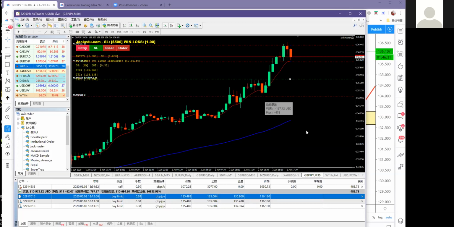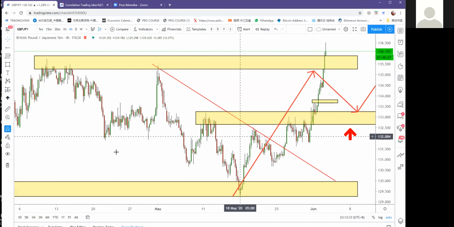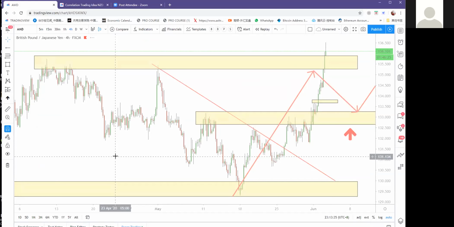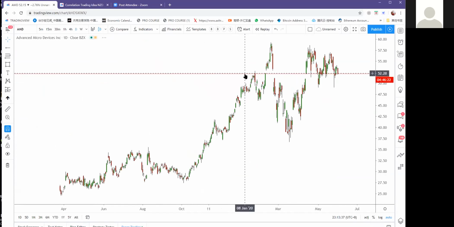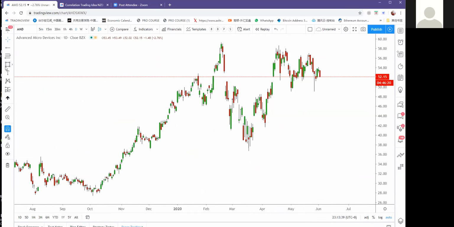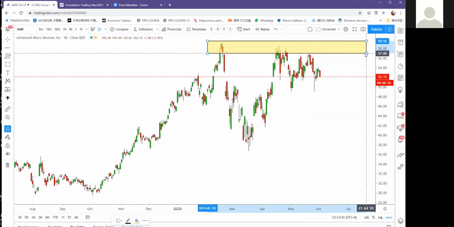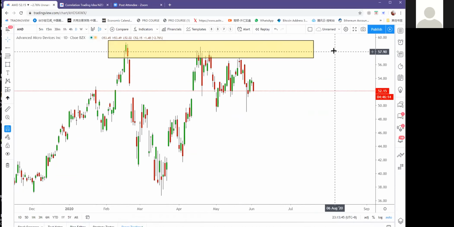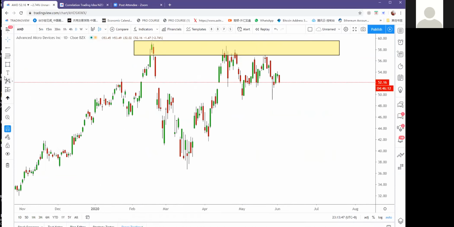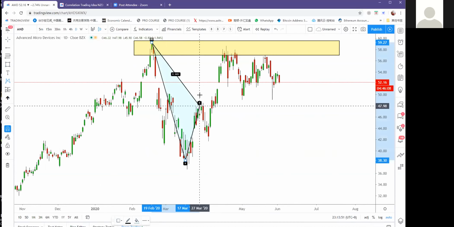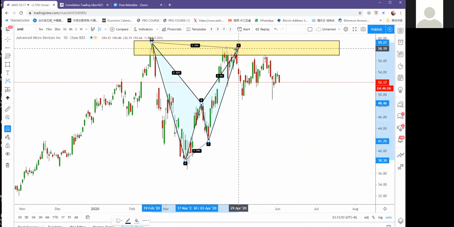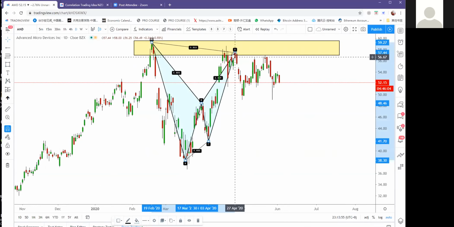How is AMD, SE, and Tesla? Let's go for AMD. AMD is bearish because AMD failed to break a new high. Their supply zone is from 58. It formed a harmonic pattern. If I were you, I would buy some put options on April, end of April.